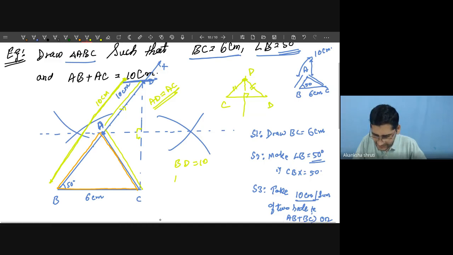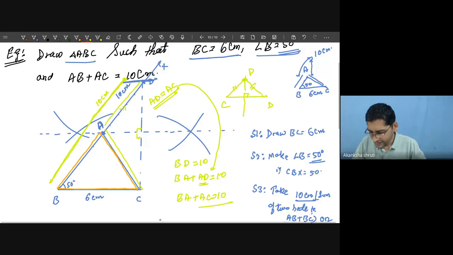This BD is our BA plus AD. This is our 10 centimeter, but AD is the same as AC. So BA plus AC is also 10 centimeter, because this we have used here.